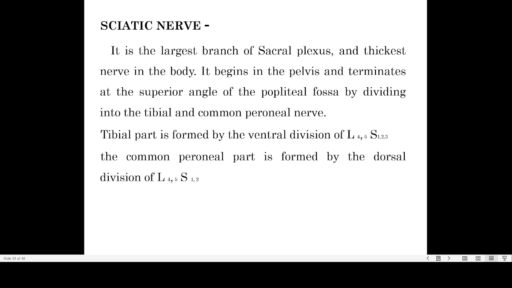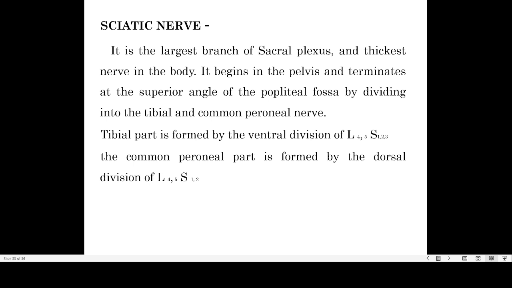Usually the sciatic nerve is the important largest branch from the sacral plexus and the thickest nerve in the body, that begins in the pelvis and terminates at the superior angle of the popliteal fossa by dividing into tibial and common peroneal nerves. The tibial part is formed by the ventral division of L4, L5, S1, S2, S3.